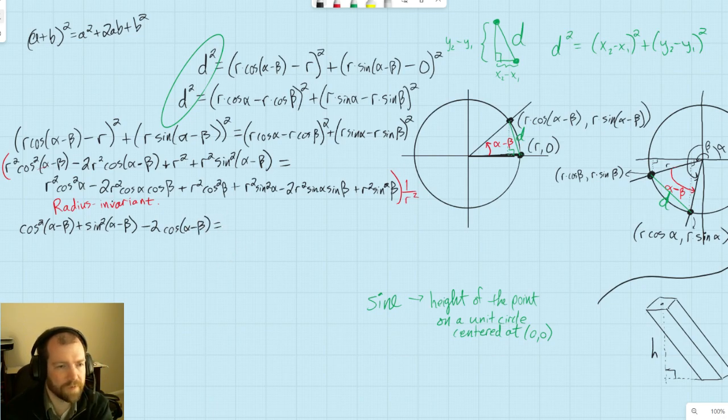That's equal to, on the other side, again, all of our r squareds are gone. We have a cosine squared of alpha plus a sine squared of alpha here. We have a cosine squared of beta over here, and we have a sine squared of beta over here.